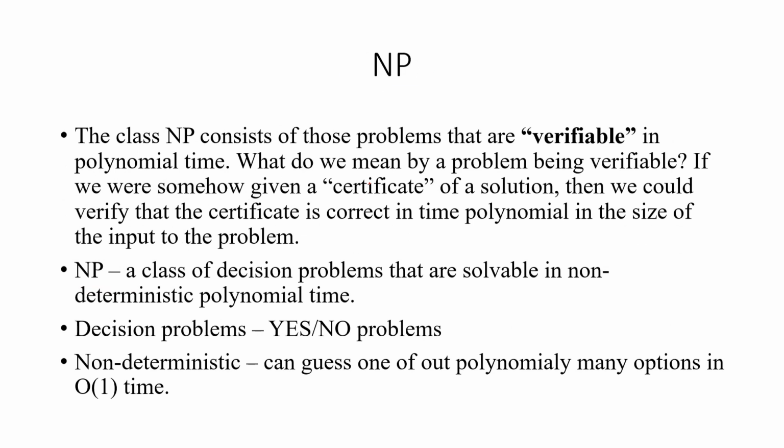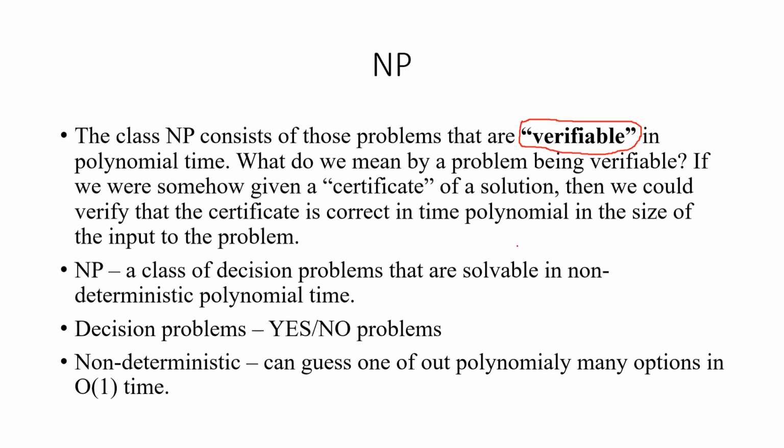Next one is the NP. NP is quite different. A problem that belongs to the NP is a problem whose solution we can verify, or in other words, check, in polynomial time complexity.